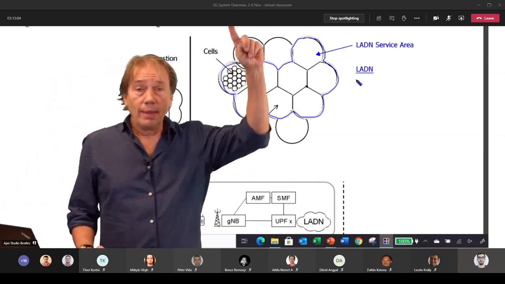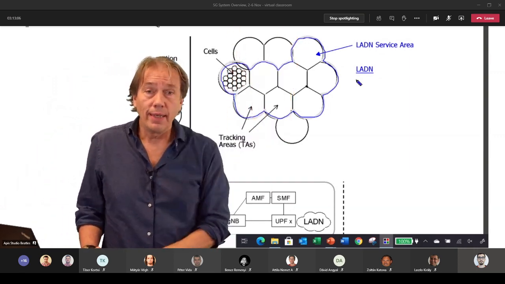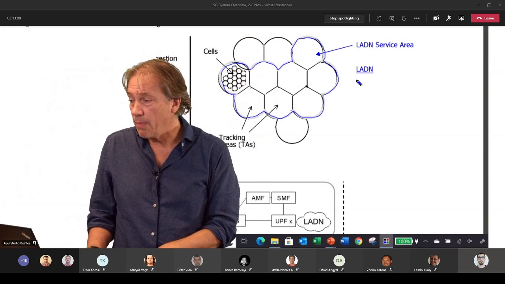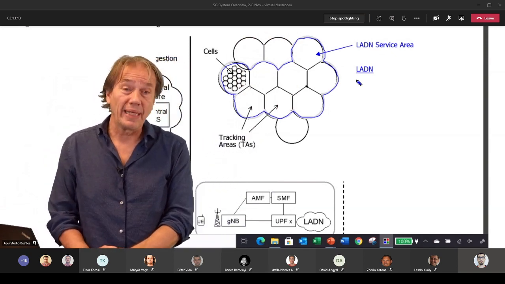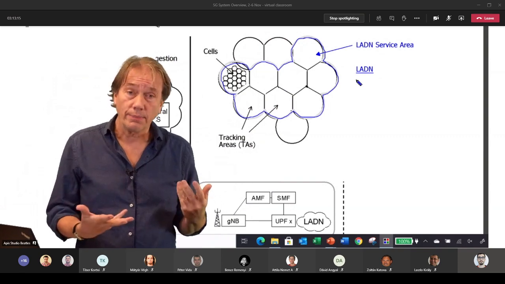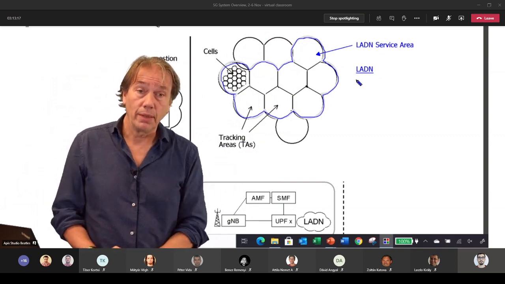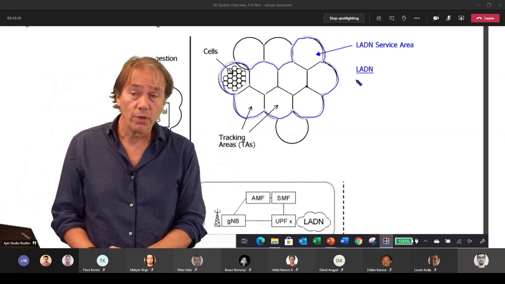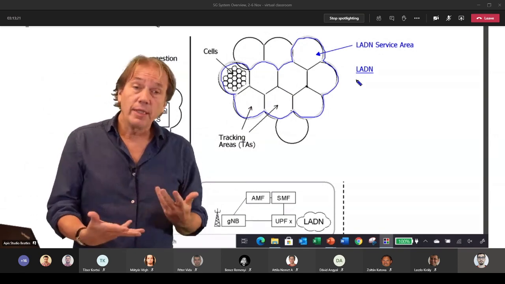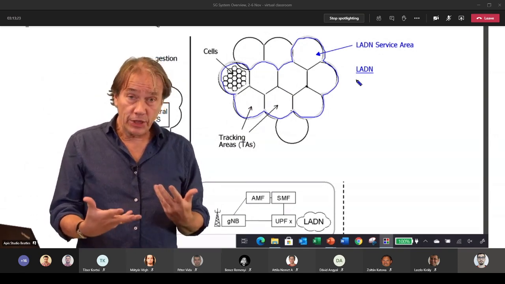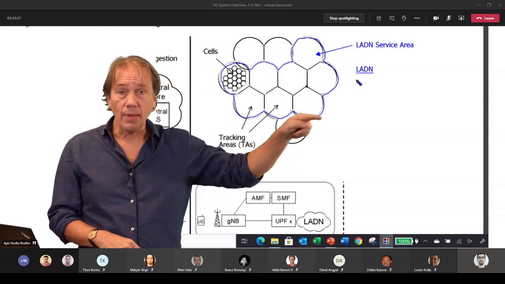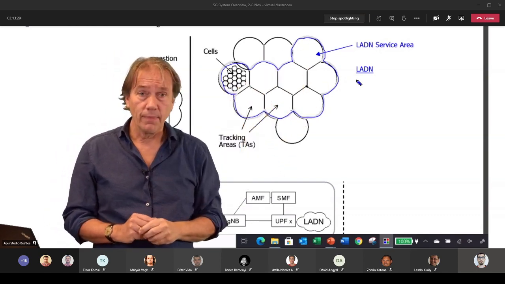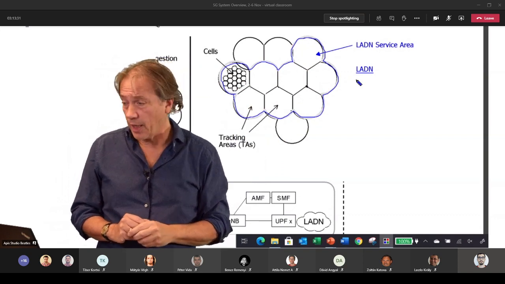Well, it's short for local area data network, obviously. But the meaning is that a local area data network is a data network, like the data networks we talked about before, but a data network which can only be reached from inside the local area data network service area.